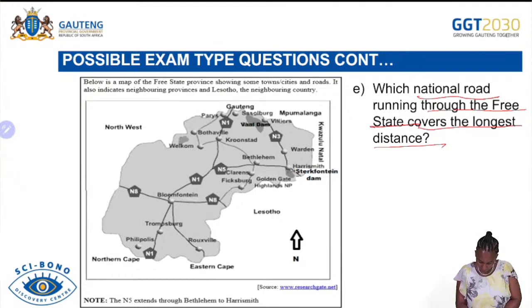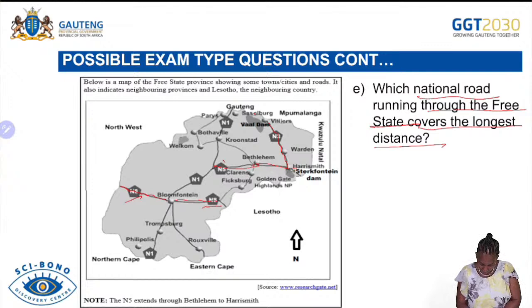It's a province of Free State. And then we can identify N8, national 8, there. And then there's N5 here. And N5, it covers this space here. And then the N3, there it is, the N3 shown.